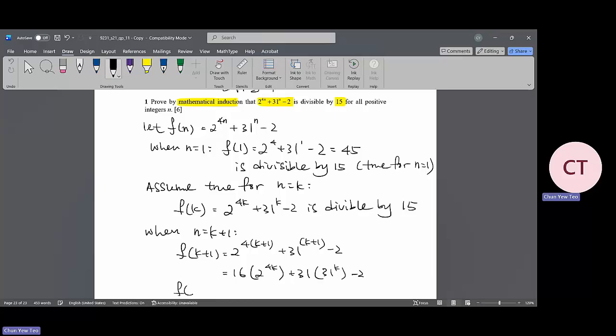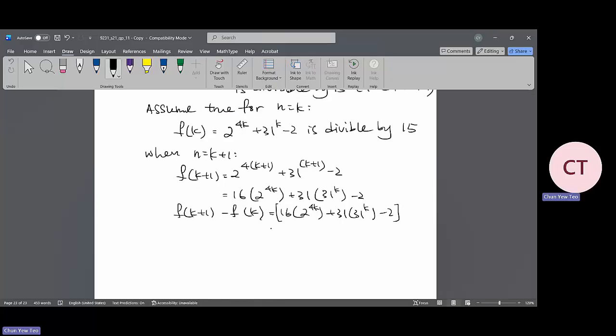So we just take Fk plus 1 minus Fk, then you will get 16 times 2 to the power of 4k. Okay, so this is the Fk plus 1 minus Fk, and Fk is 2 to the power of 4k plus 31 to the power k minus 2.